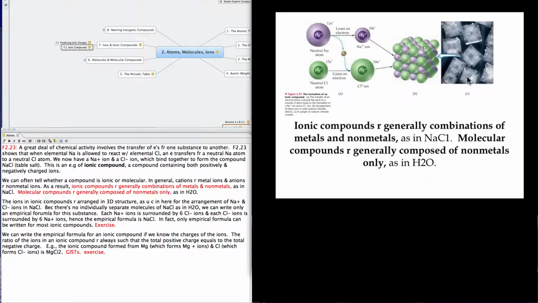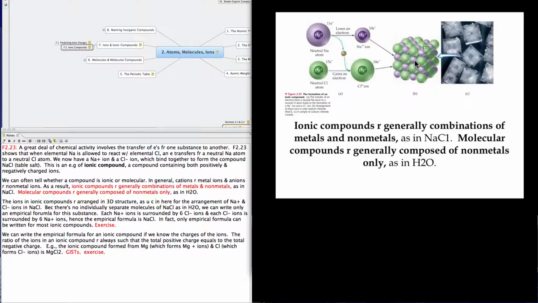The ions in ionic compounds are arranged in a 3-dimensional structure. It's kind of a network, as you see here for the arrangement of sodium ions and chloride ions. Because there are no individually separate molecules of sodium chloride, as in H2O, we can write only an empirical formula for this substance.